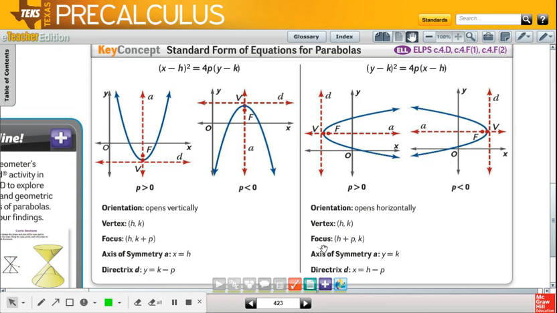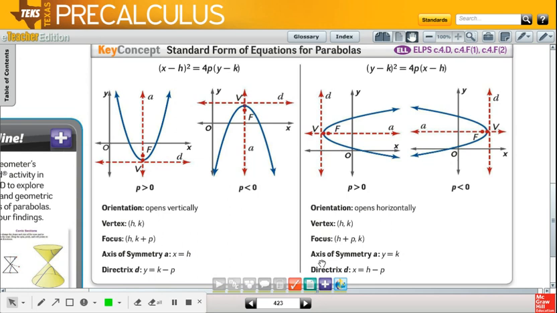The focus will be different. For the x coordinate, it will be h plus p, and for the y coordinate, it will be simply the k value.